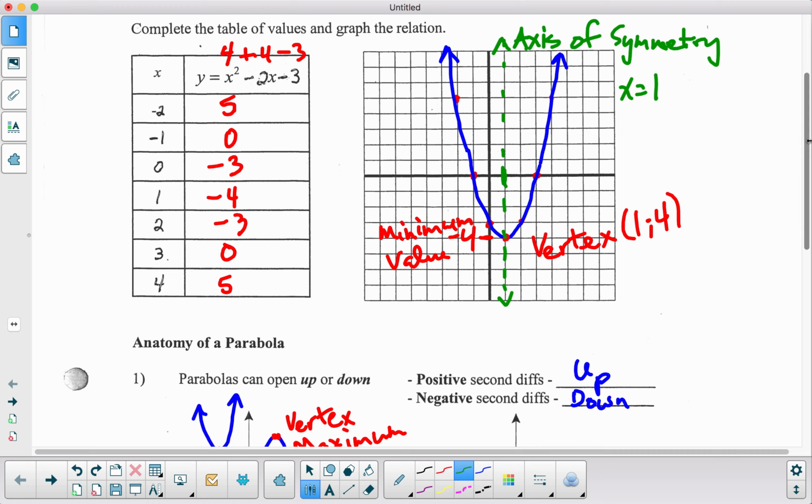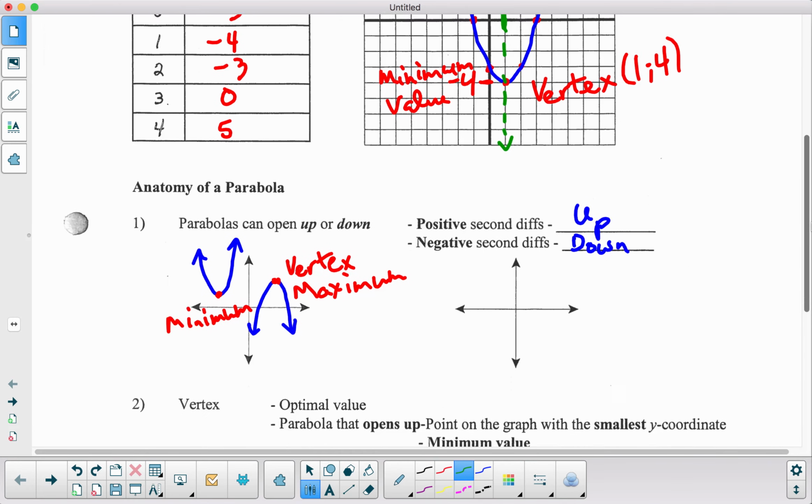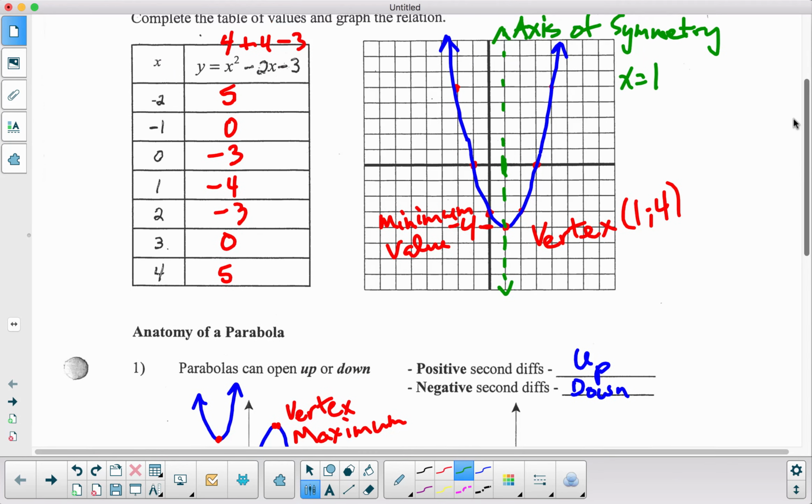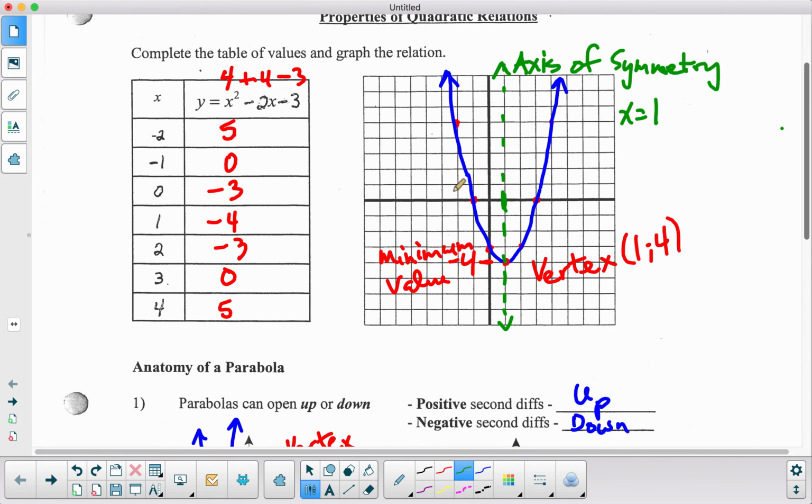All right, one more main feature of the parabola, and that is the x-intercepts. So you'll notice that the parabola crosses the x-axis at, in fact, 2 points, since the parabola comes down and then goes back up. So these are the x-intercepts.